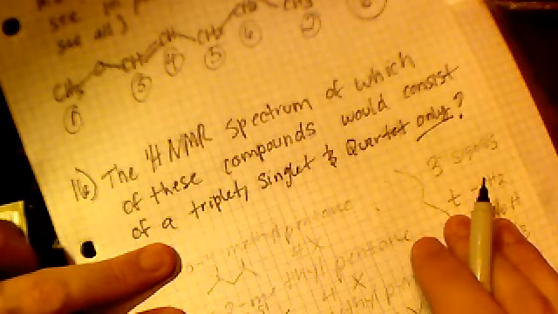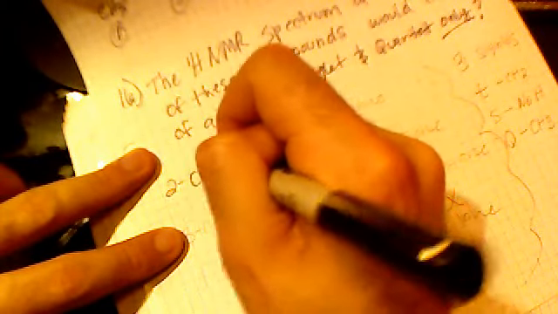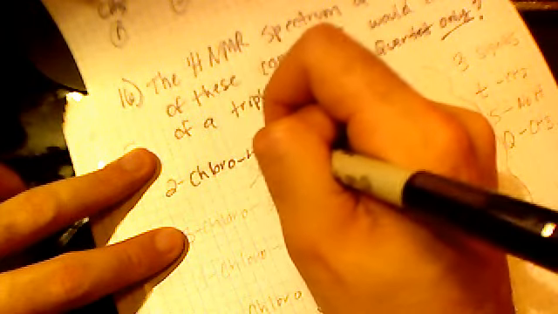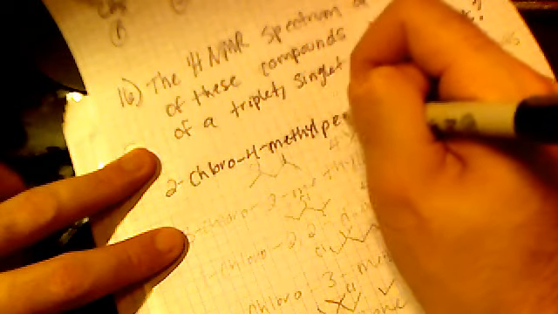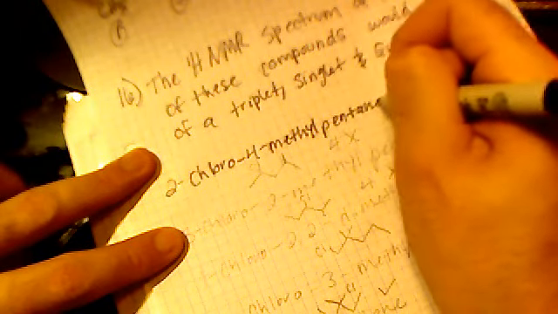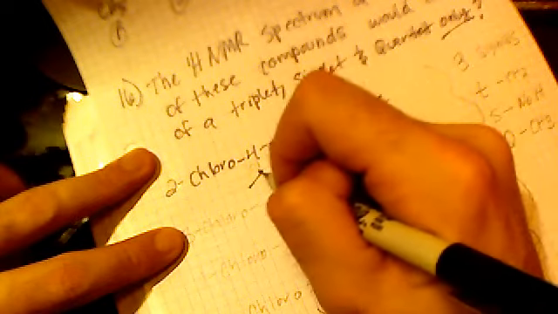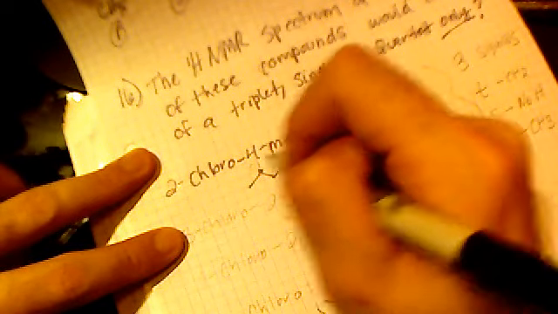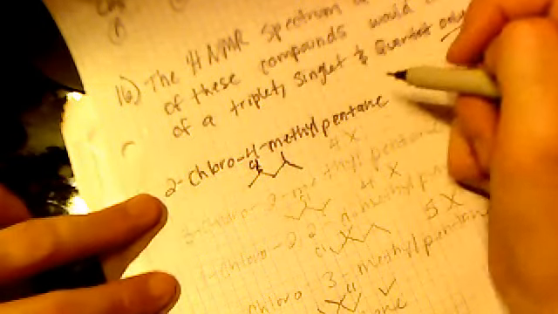Right. So what do they give us here? They give us 2-chloro-4-methylpentane. So I'm just going to draw that. I'm sorry if these molecules are going to be a little small, but you'll be able to get the scans in the Facebook group.